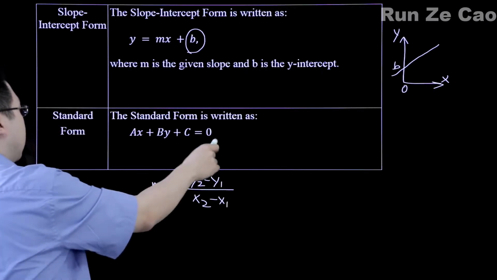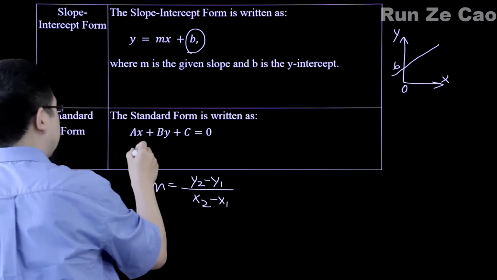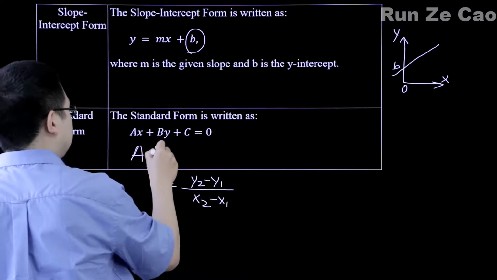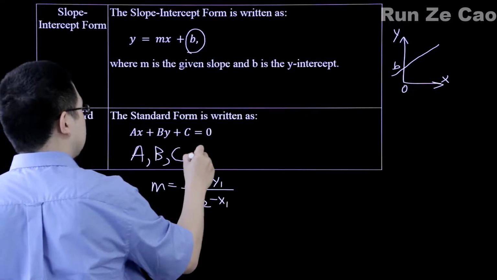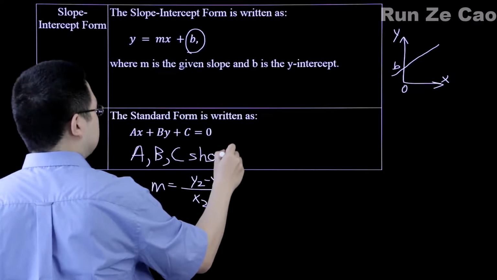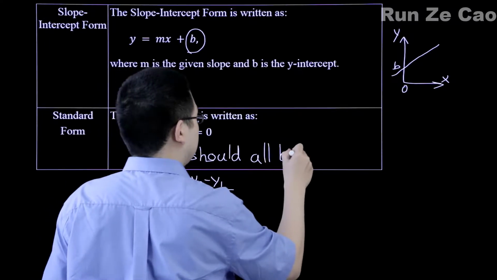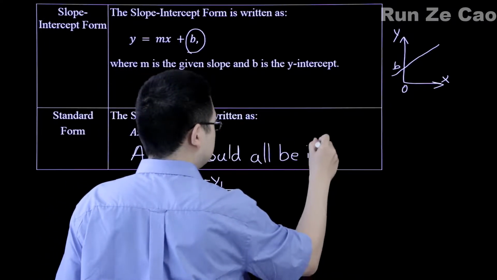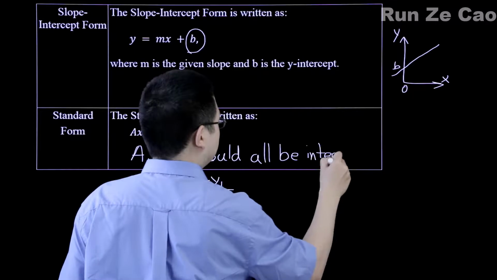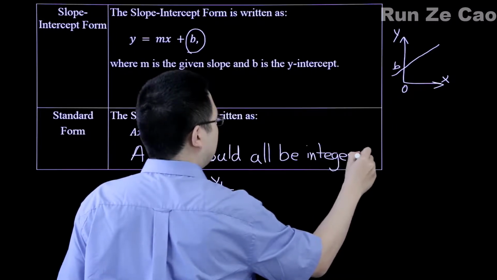By definition in standard form, a, b, c should all be integers, so whole numbers, be they positive or negative.